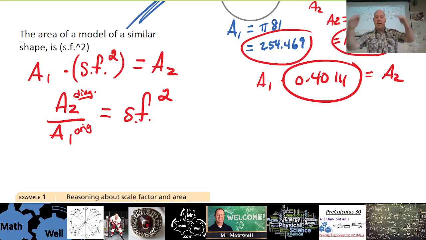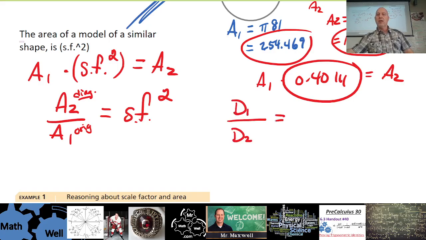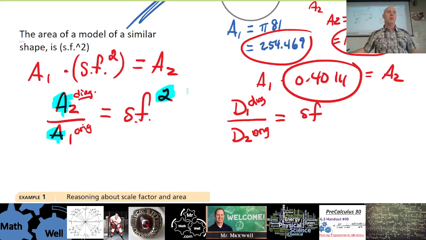So we can always keep diagram and original. If we do the areas, the ratio is scale factor squared. Because remember, the dimension of shape 1 divided by the dimension of shape 2 is the scale factor, if this is the diagram and this is the original. So if we have just dimensions, that's the scale factor. If we have areas, that's the scale factor squared. And what's really cool is that area is always written in squared units, so it's easy to remember. Isn't that cool? That's like teacher cool.